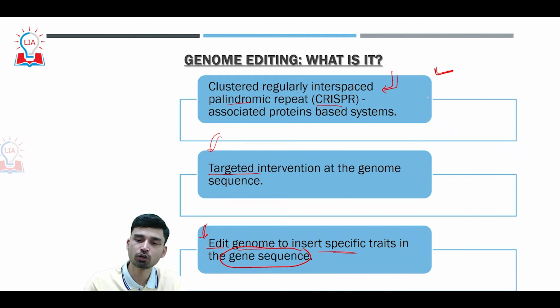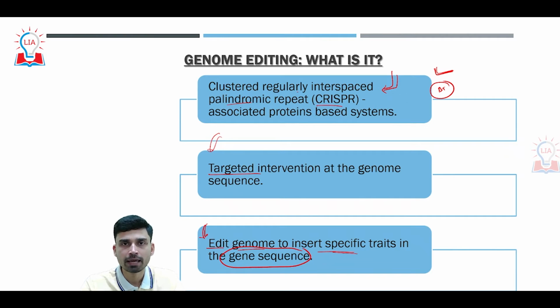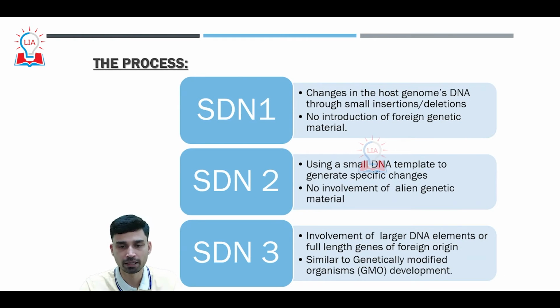For example, take BT cotton. BT cotton is a kind of genetically modified crop, into which certain traits have been inserted so that the cotton plant itself fights against infestations like pink bollworm. So that is the most important significance of genome editing.